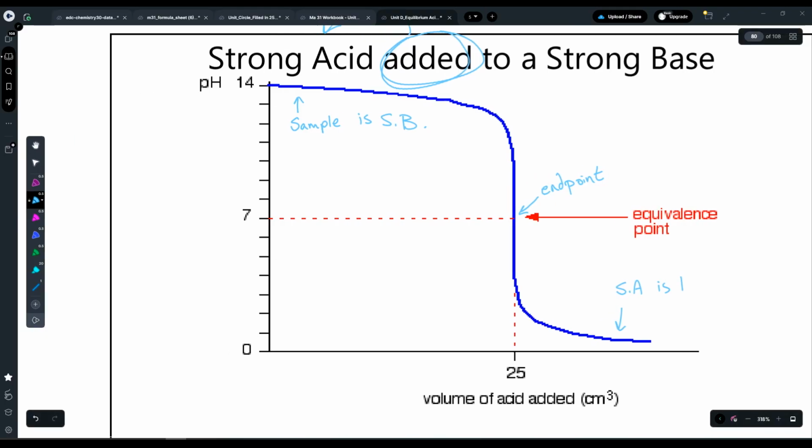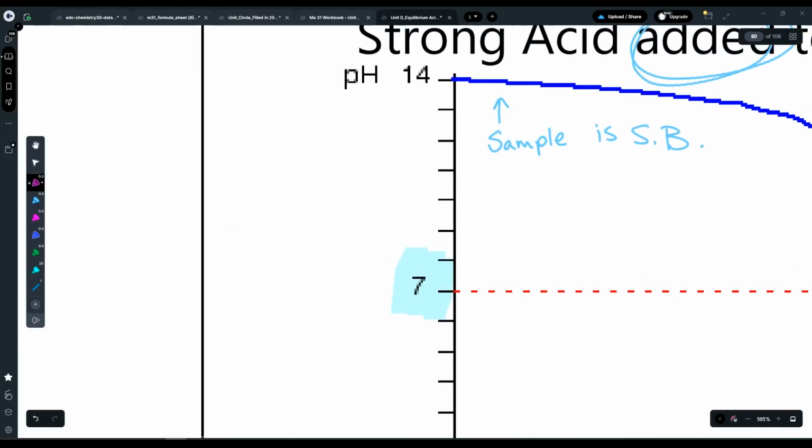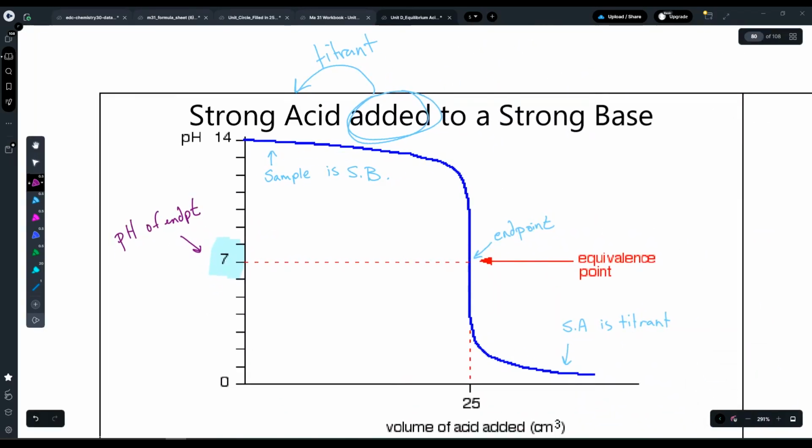So the endpoint for a titration between a strong base and a strong acid is going to be at a pH of 7. So that's the important part here.